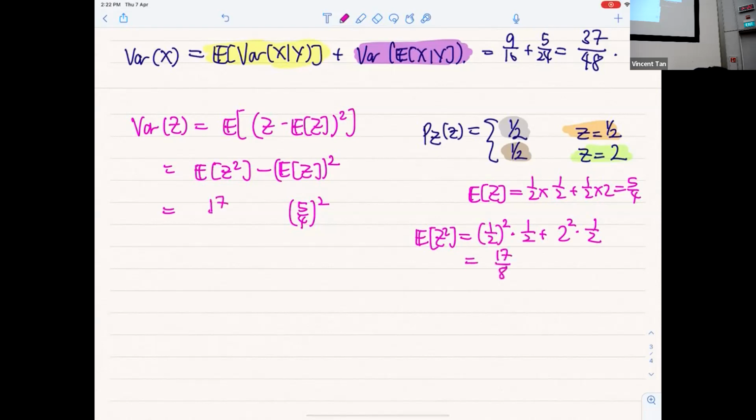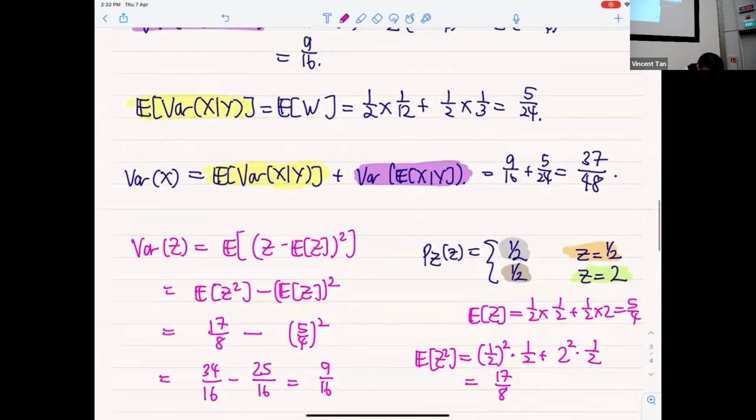So this is 17/8 minus this one. Let's see whether this other method yields the same answer or not. So this is 34/16 minus 25/16, which is 9/16. Is it the same as just now?